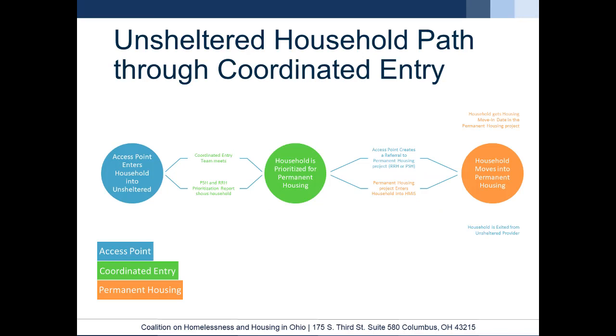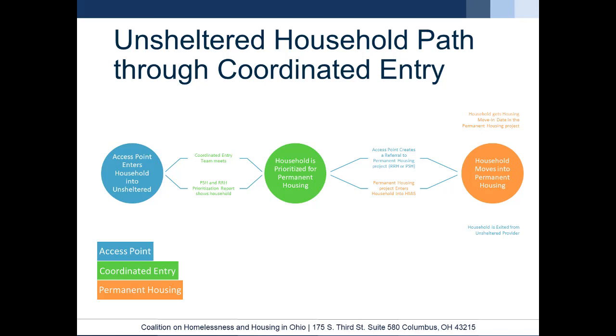So when we're talking about the unsheltered household and their path through our coordinated entry system, this is a visual as to how that household is meant to traverse it. At the front of our system is an access point, and this is where people who are unsheltered are meant to enter the system.